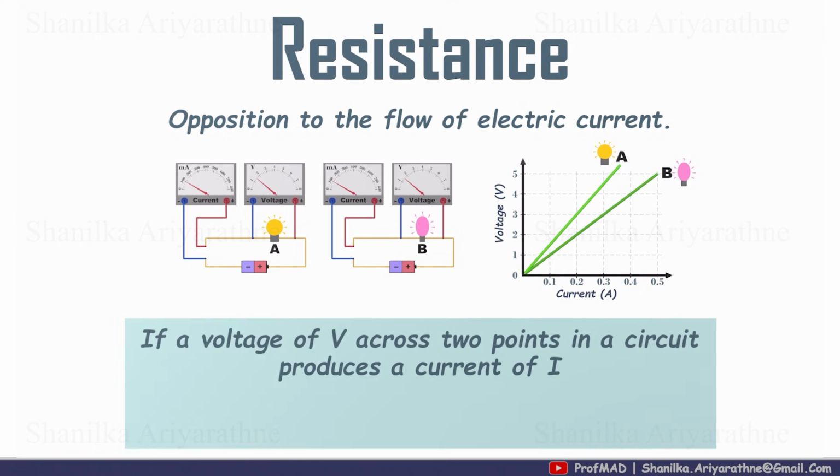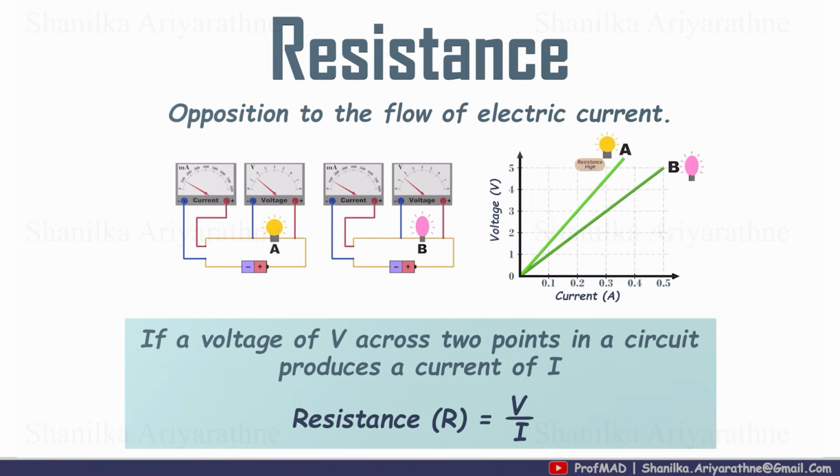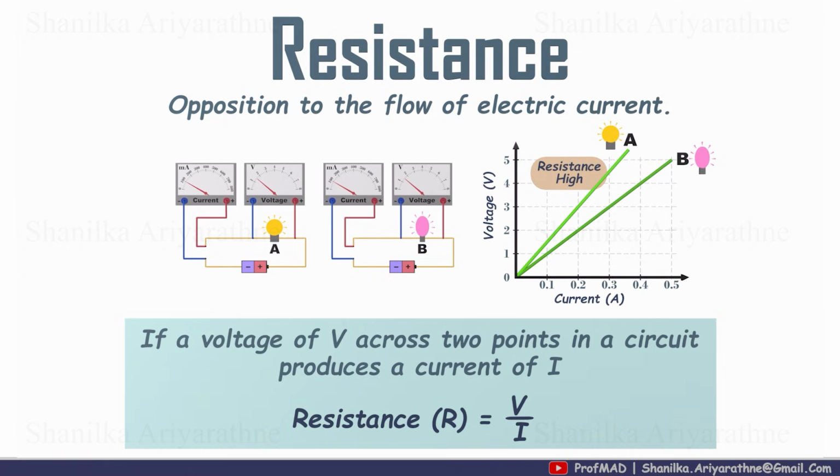If a voltage of V across 2 points in a circuit produces a current of I, we define the resistance between those points as R equals V divided by I. Put simply, resistance tells us how much pressure difference, or voltage, is needed to push a certain amount of electrons through a material. If we need a large voltage to get the same current, that means the material is offering more opposition. It has high resistance. If only a small voltage is enough, then the material has low resistance.